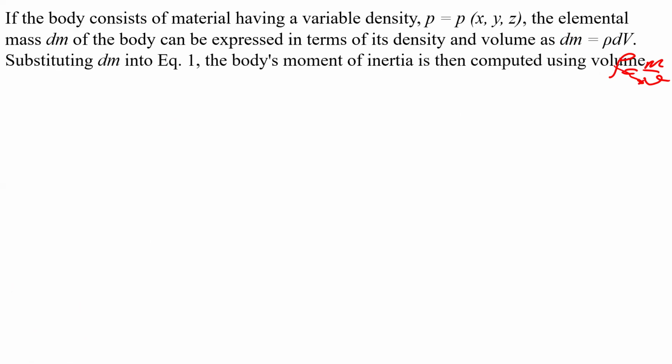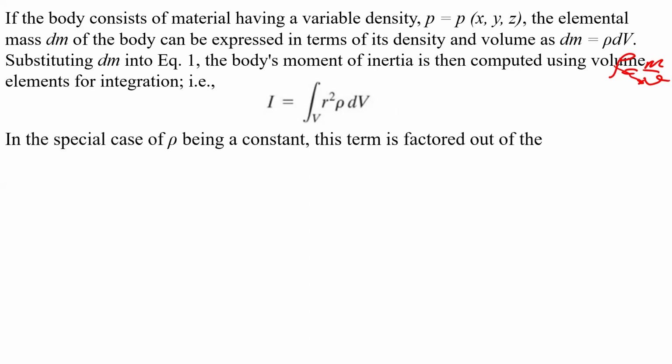Substituting dm into the first equation, the body's moment of inertia is then computed using volume for integration. So I will now be the integral of r squared rho dV within the limit of V, because dm is now rho dV.